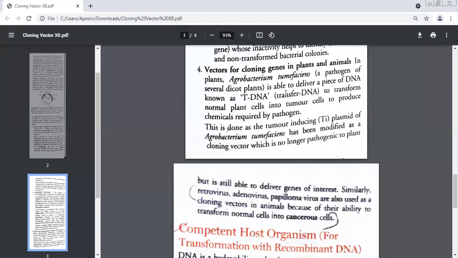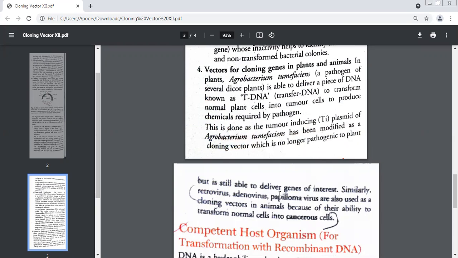Agrobacterium tumefaciens. Please name this pathogen. It goes and attacks dicot plants. In normal cases, it will change normal plant cells into tumor cells, and then these cells produce chemicals required by it. Now we have modified it. It is no longer pathogenic to the plant and does not cause any damage, but it helps us deliver the gene of interest inside the plant.